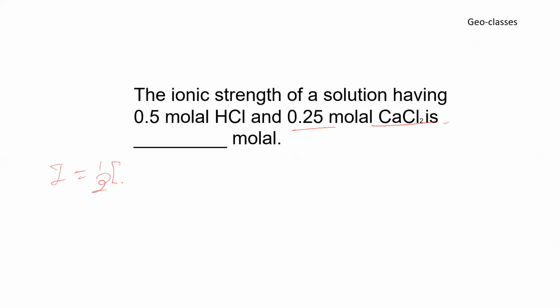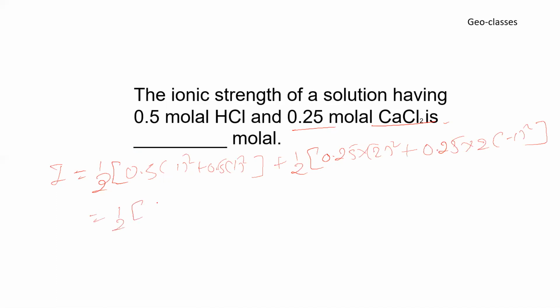So half for HCl, that is 0.5 into 1 square plus 0.5 into 1 square, bracket close, plus again half for CaCl2, 0.25 into 2 square plus 0.25 into 2 square, like that.